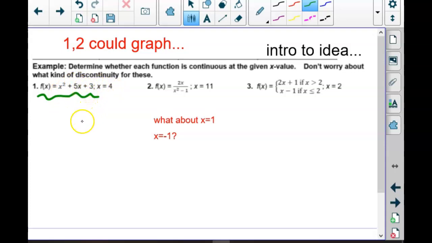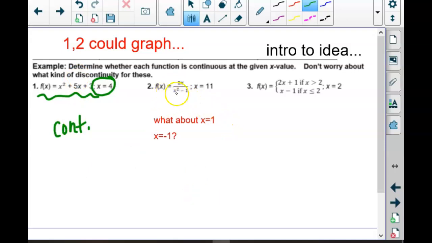Bottom line, does a plain old parabola or a polynomial with no denominator and no radical have any restrictions? No, so this is continuous. Okay, you could graph it on your calculator. They're asking specifically about the point 4, but the bottom line is the entire parabola is one thing, so it would be continuous at any point.